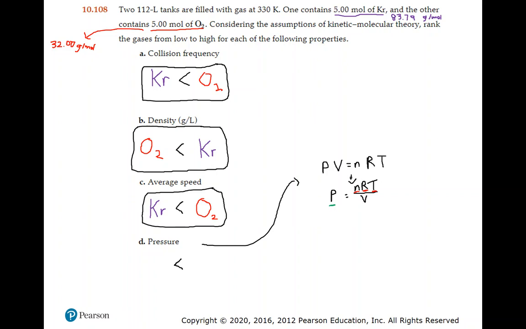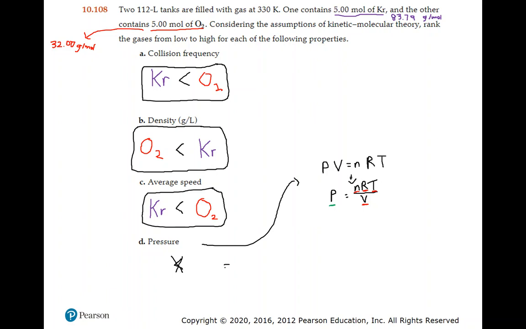It's 330 Kelvin for both gases. And so is the volume. Both gases exist in 112 liter tanks. So for both gases, if we wanted to solve for the pressure, which we don't need to do explicitly, we'd be plugging in the same four numbers in the exact same ways into the same equation. And so in terms of pressure, actually, neither one has a higher pressure. The pressures are equal.